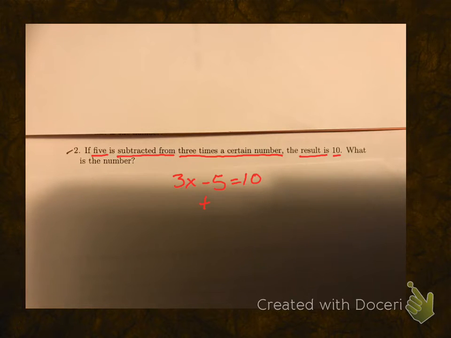To get rid of the negative 5, we'll add 5 to both sides. That'll give us 3x is equal to 15. Divide that by 3 on both sides. And that gives me x is equal to 5.